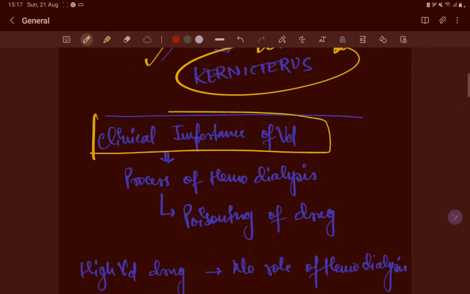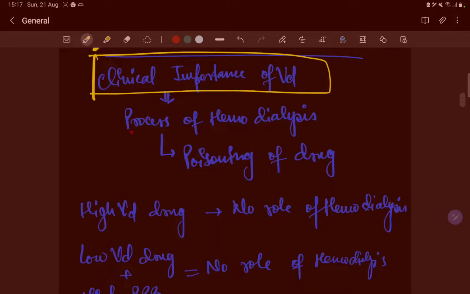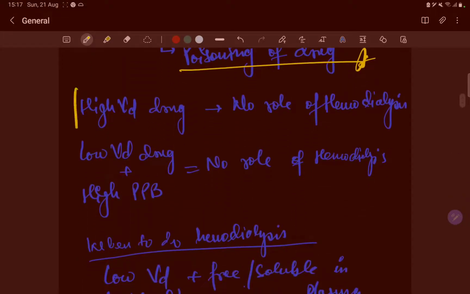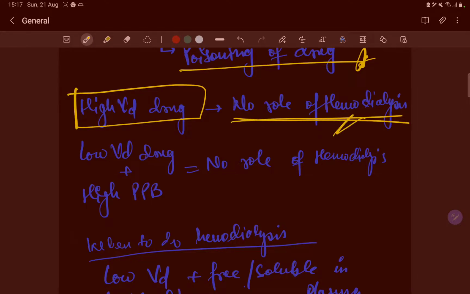Now, what is the clinical importance of volume of distribution? In the process of hemodialysis, and in cases of drug poisoning, we use the concept of volume of distribution. If there is a high volume of distribution drug, there is no role of hemodialysis.